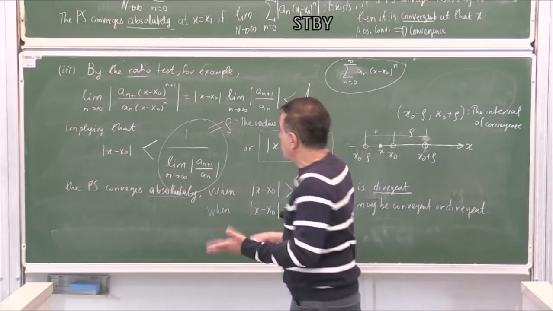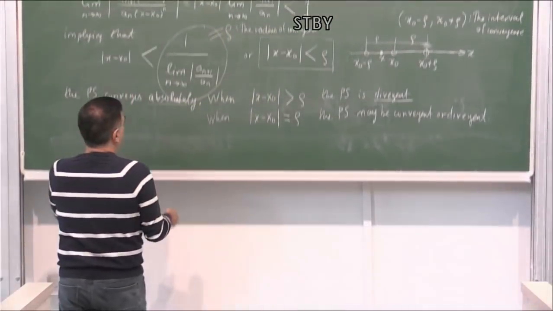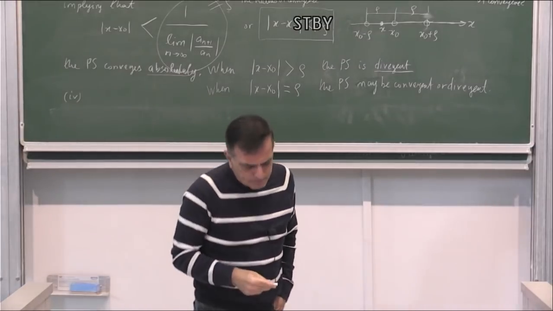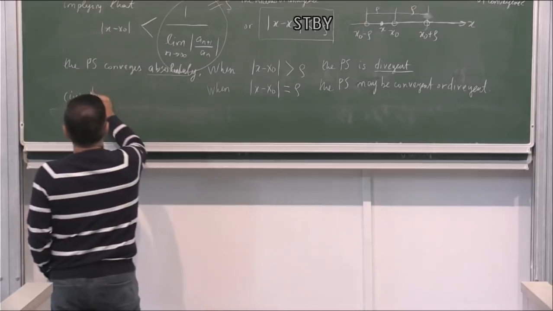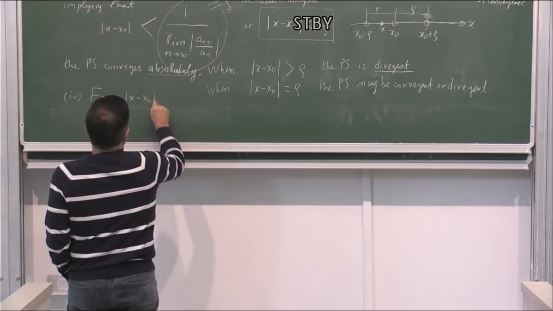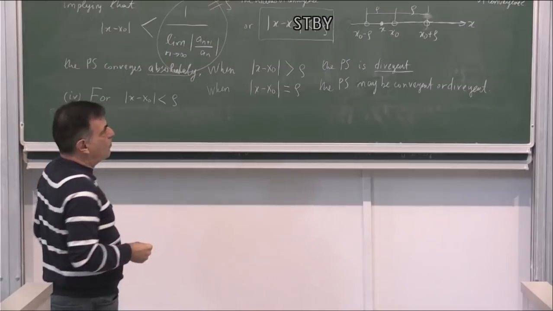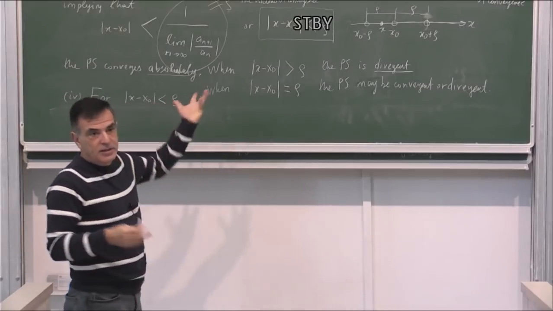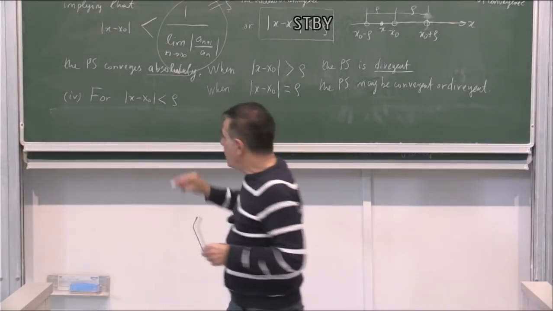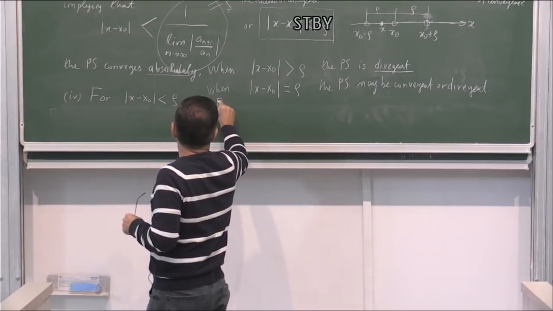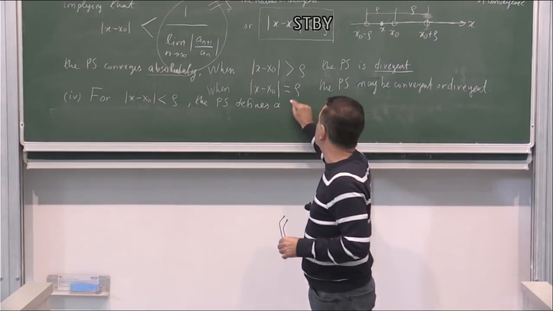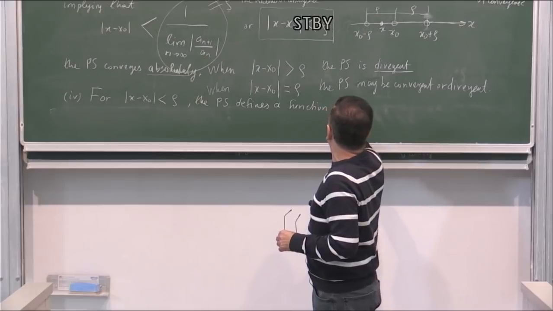Okay, and what is the most important for us is that, look, for the interval of convergence, or in the interval where the series is convergent, the power series defines a function of x.